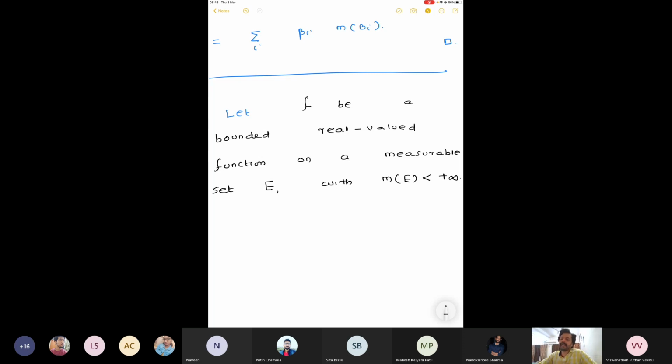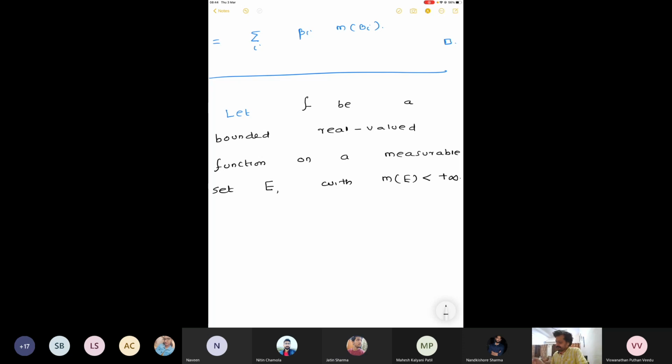Now remember what Riemann did. Riemann defined the lower Riemann integral and upper Riemann integral. And how did he define the lower Riemann integral? Can somebody remind me? By taking the infimum on each interval.